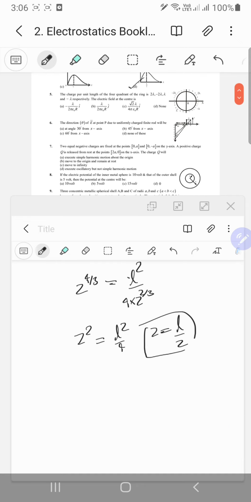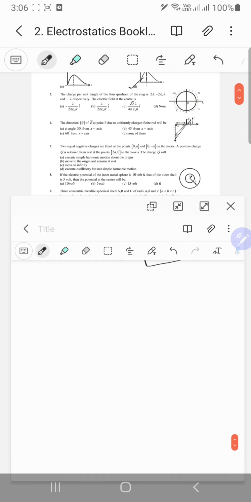Next question. The charge per unit length of the 4 quadrants of a ring is 2 lambda, minus 2 lambda, lambda and minus lambda respectively. The electric field at the center is, okay.